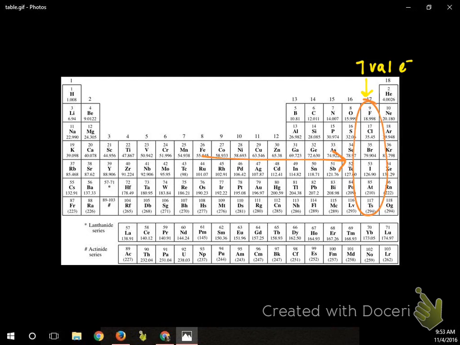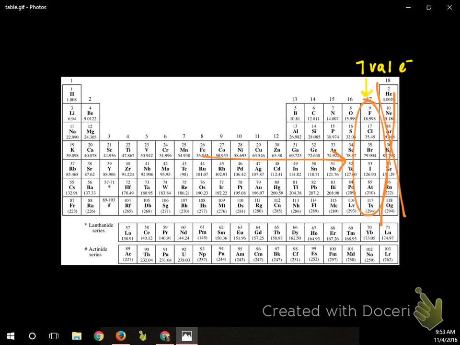There's no reason that they would take on that electron, right? So you can even cross that group out if you want, but those don't have electron affinities because they don't want to take on electrons. There's no energy change. They don't bond with things very easily, right? The noble gases, they don't bond. If they do, they bond with themselves. Okay, so there's no reason for them to accept an electron. So no electron affinity there.